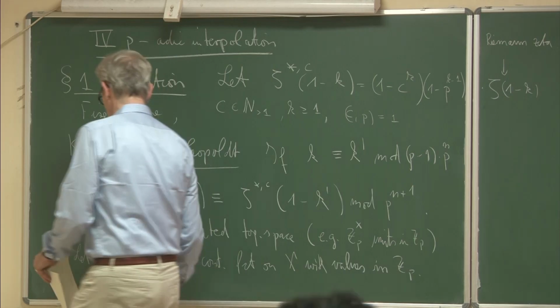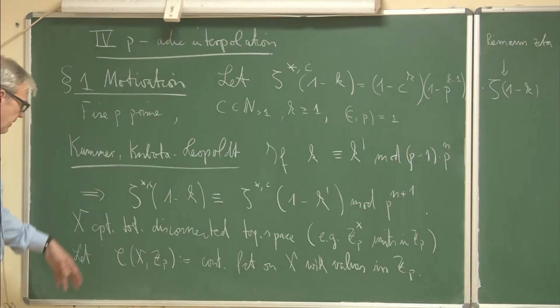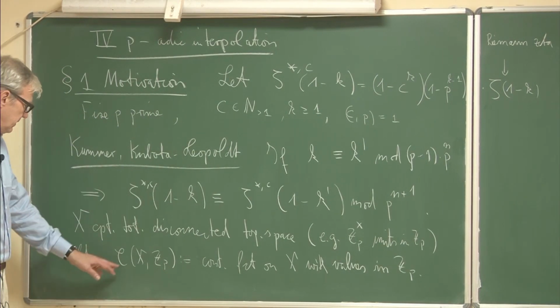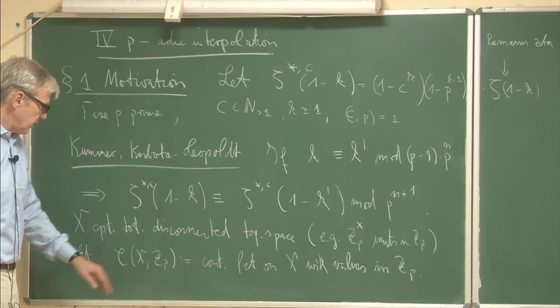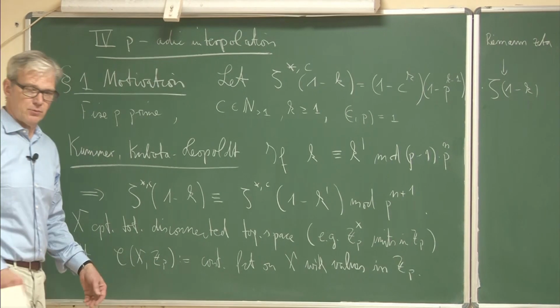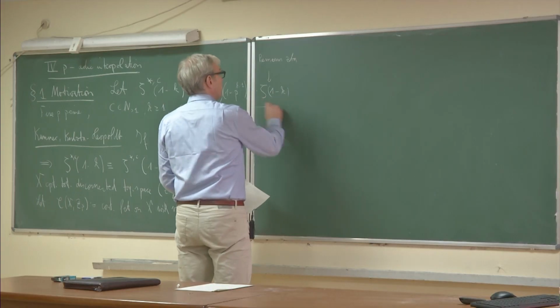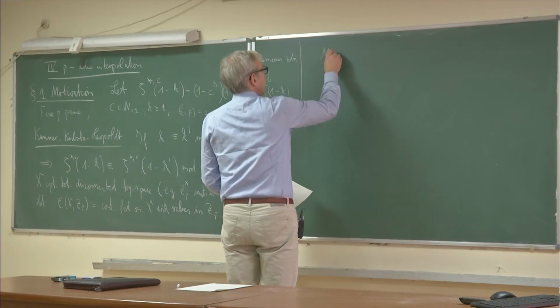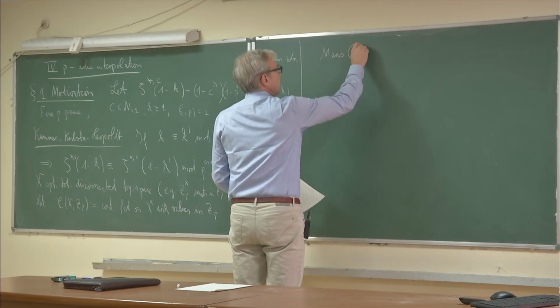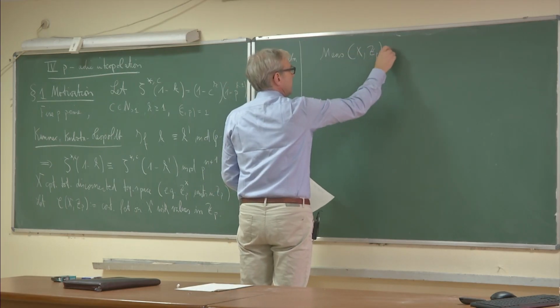And what should be a measure? I mean, everybody, you ask what a measure is. It is a linear functional on continuous functions. So this is what we define. So we define the measures on X with values in Z_p.